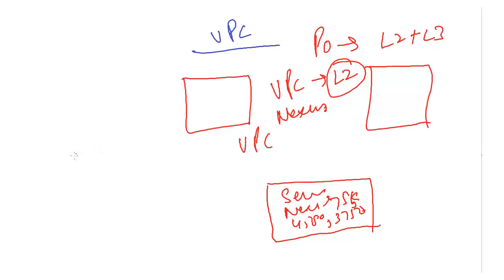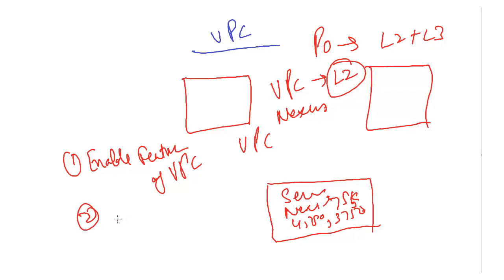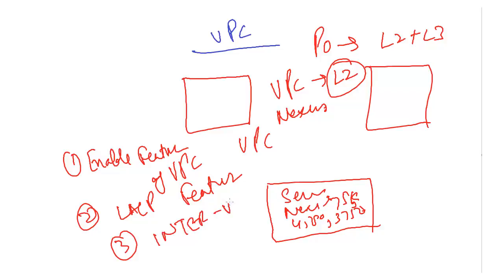First, enable the feature of vPC using the feature command. Second, if you want to use LACP, use the LACP feature. And in case you are using SVI interfaces, then use the interface-vlan feature. So features have to be enabled. You also have to have the license which is needed for vPC.